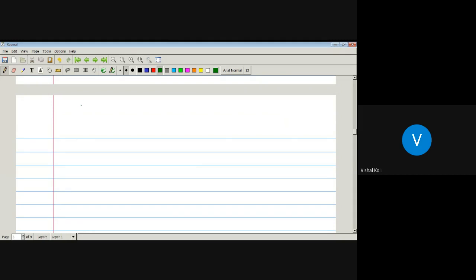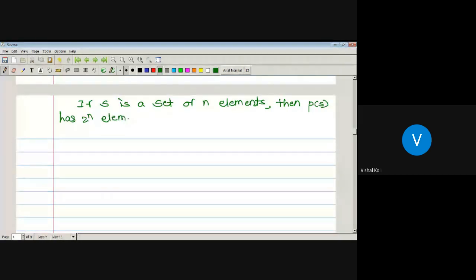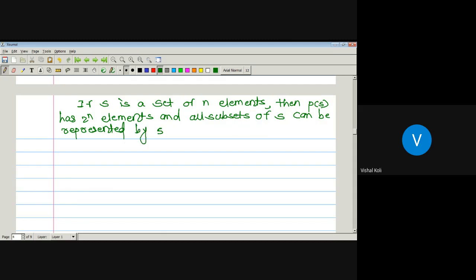Now, if S is a set of n elements, then the power set of S has 2 raised to n elements, and all subsets of S can be represented by sequences of zeros and ones.